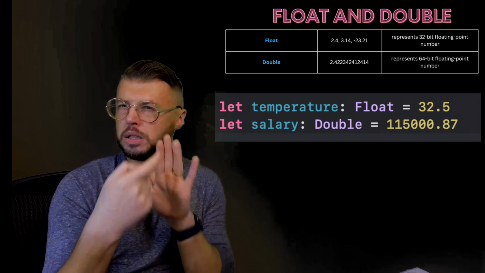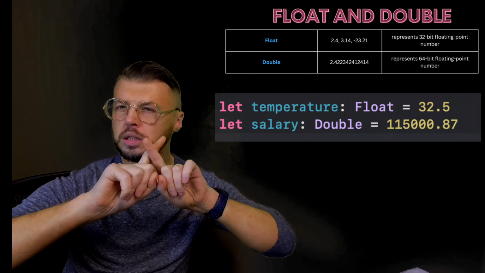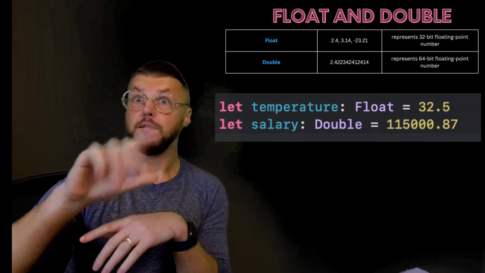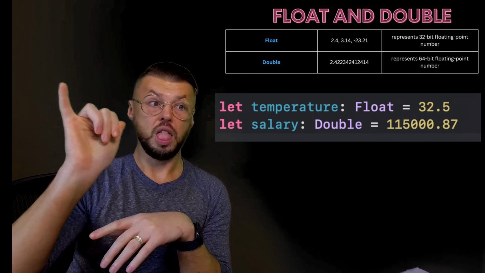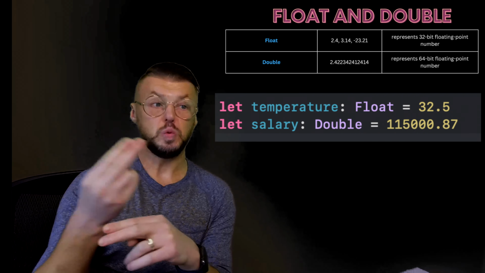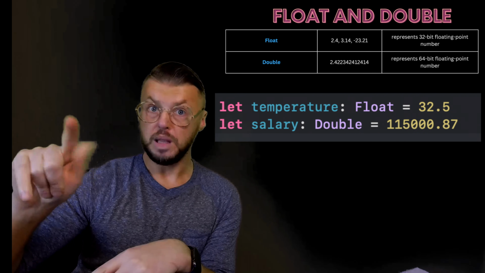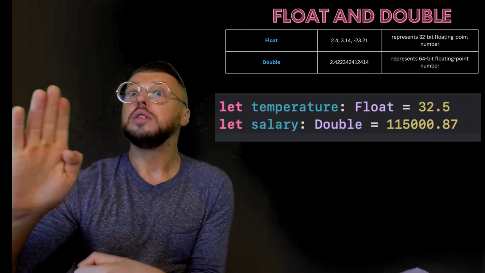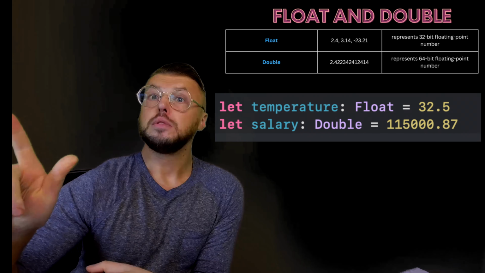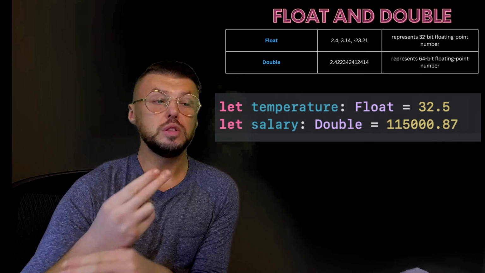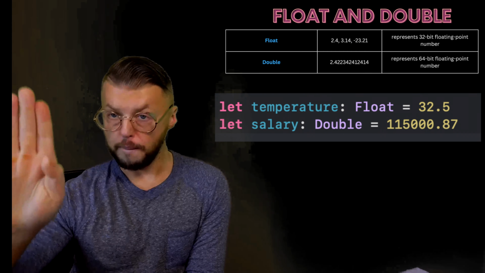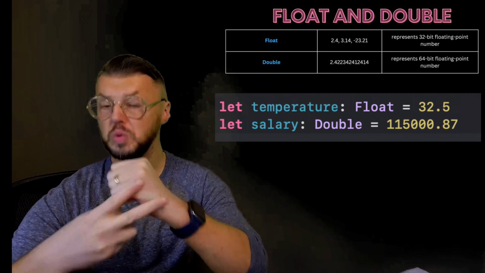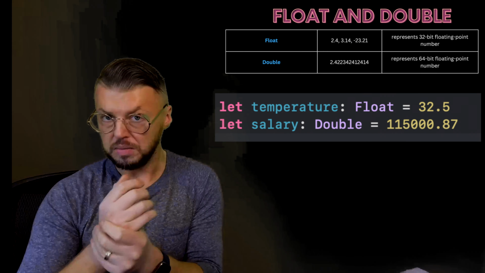They are both decimal numbers, but there is one significant difference. Float uses 32 bits to store information, and double uses 64 bits to store information.